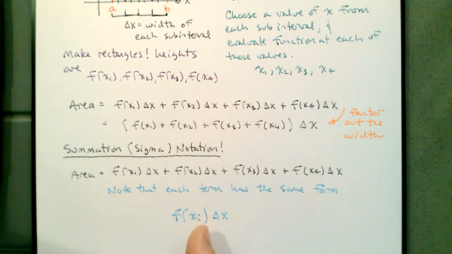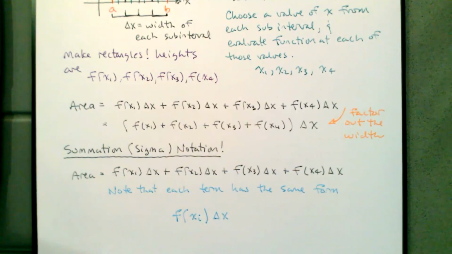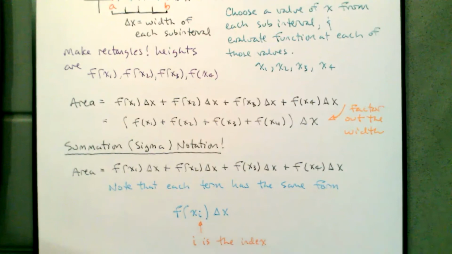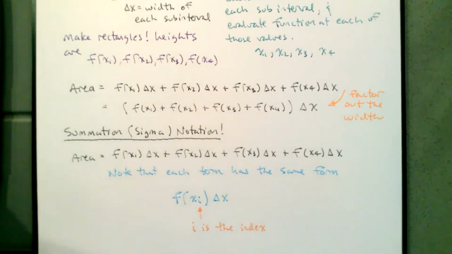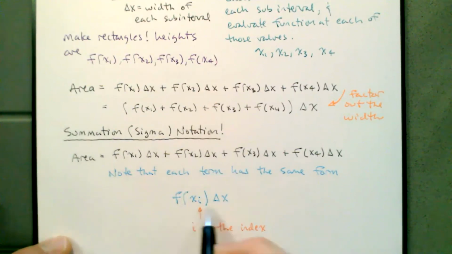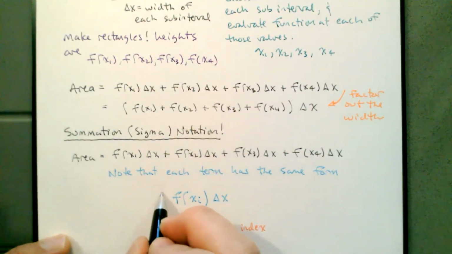Let's write down the same form with a generic index i, where i is the index. And we'll just say, of the things like this, add them up.